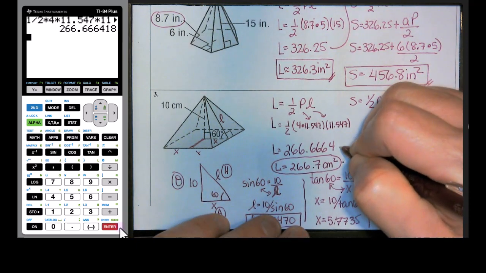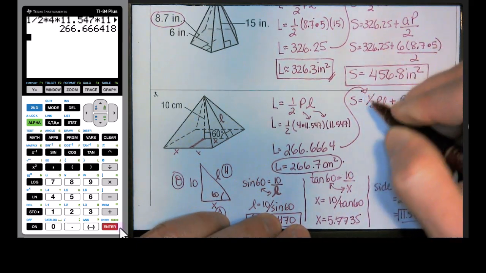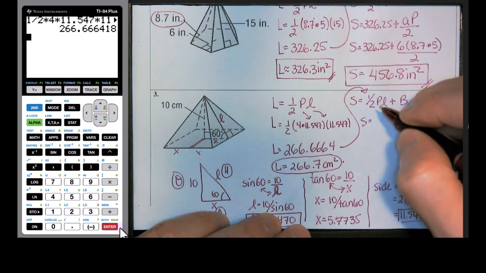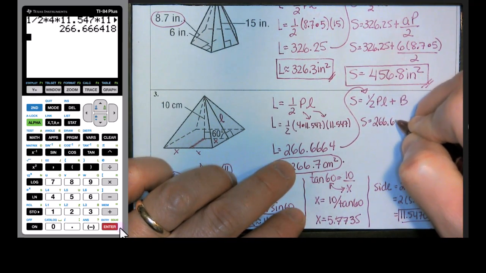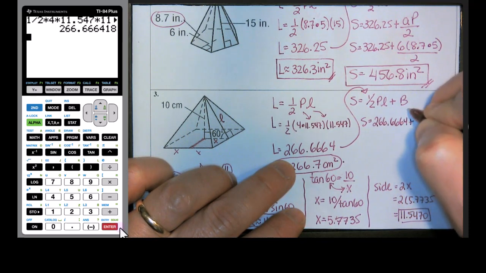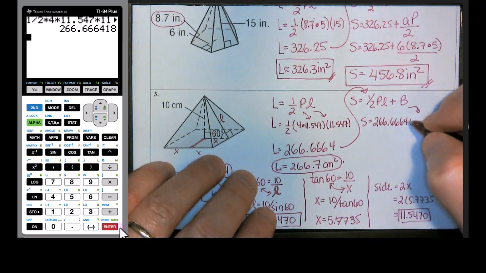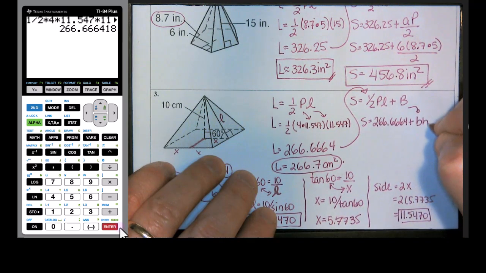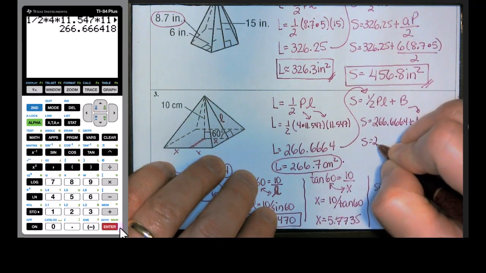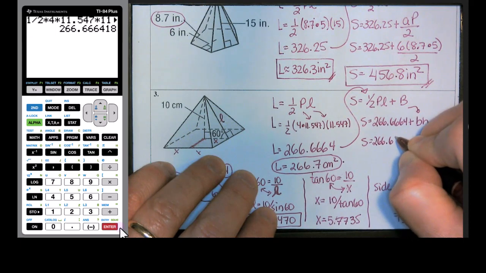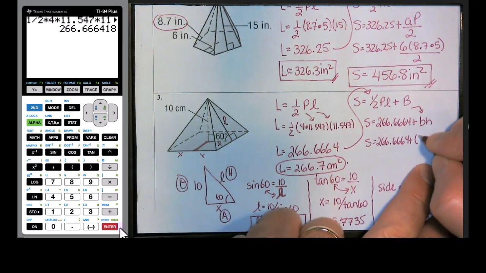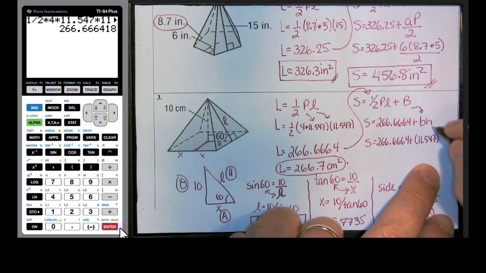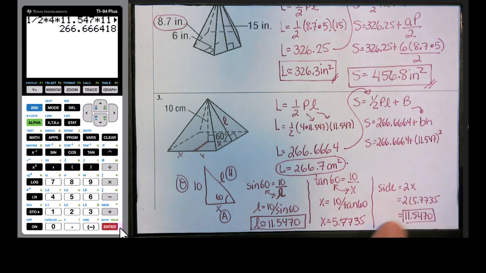Now let's do the surface area. Basically, we take this here and plug it in here because we know this is the lateral area. So 266.6664 plus the area of the base, which is a square, so base times height. So this would be 266.6664 plus the base, which would be 11.547 times the height, which is the same number, so I'm just going to square it there.